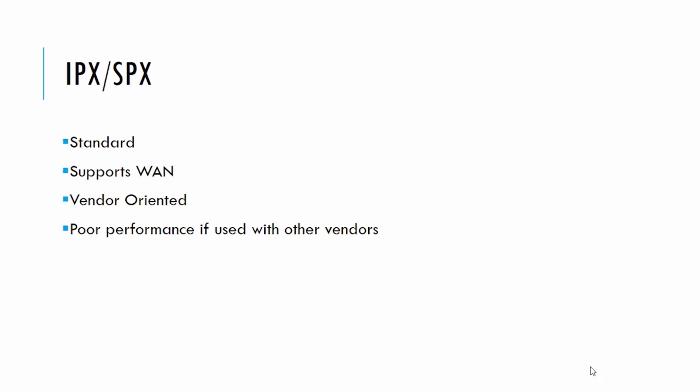It had poor performance if used with other vendors. If you use this protocol with another vendor, not the vendor that designed it, you will have a very poor performance on your network and your machines.